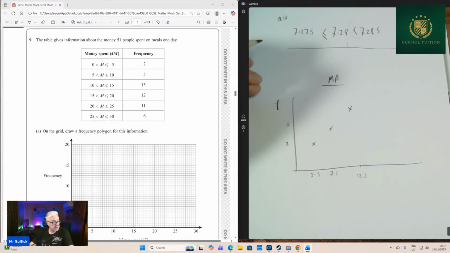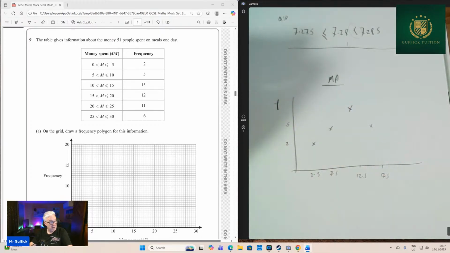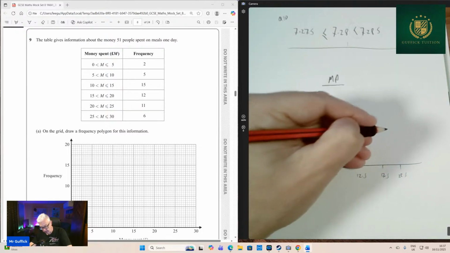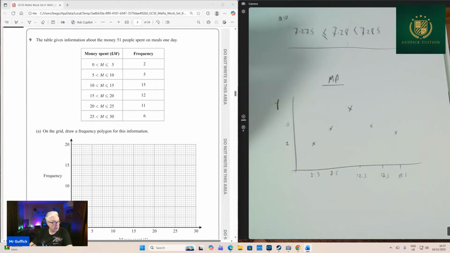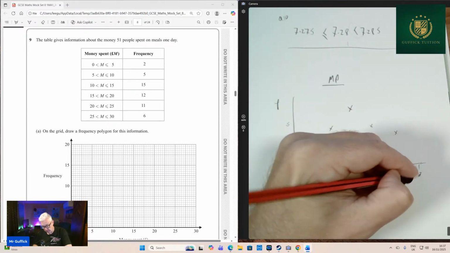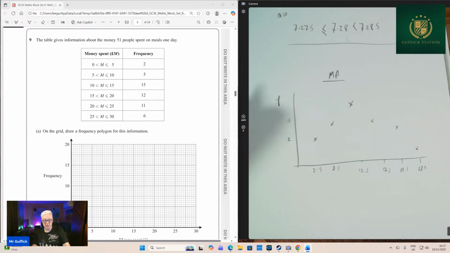And the next one's going to be at 17.5 and 12. Then the next one's going to be 22.5 and 11. And then the final one is going to be at 27.5 and 6. So like that. So that's how you plot them.